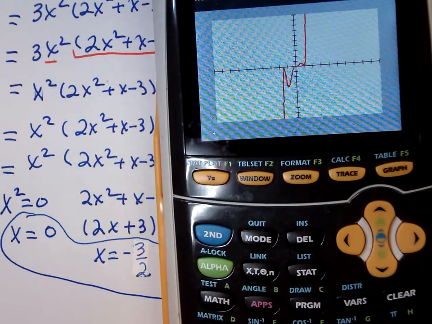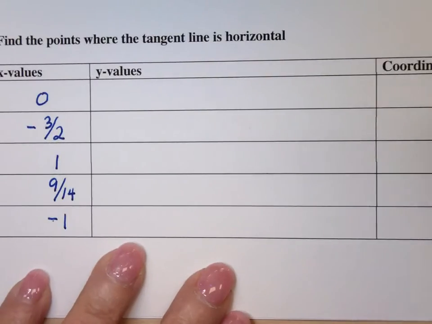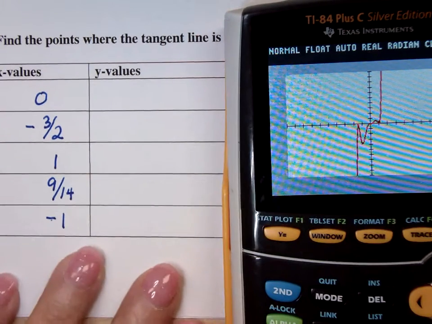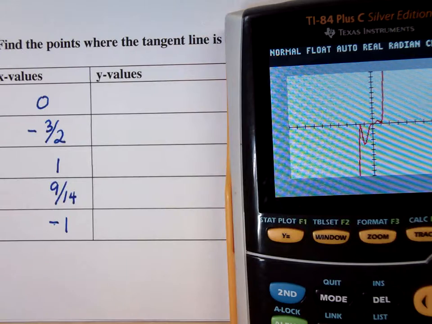So certainly my x values will run correctly. So if I want to get the y values for those x values, all I need to do is do trace. That puts me onto the graph.